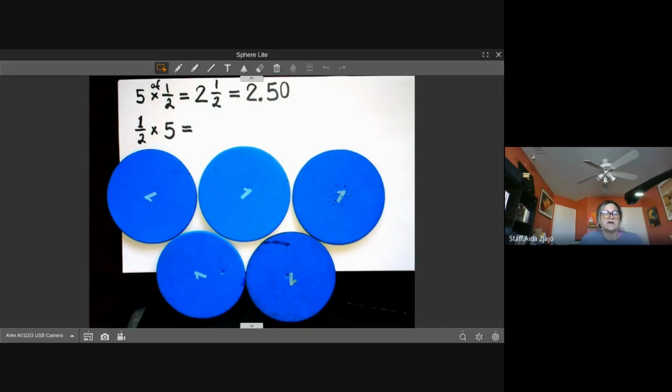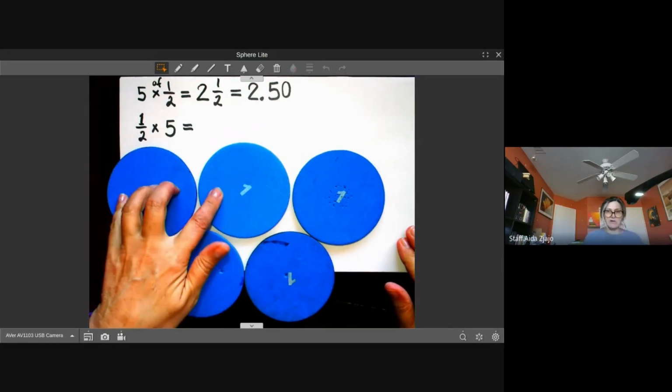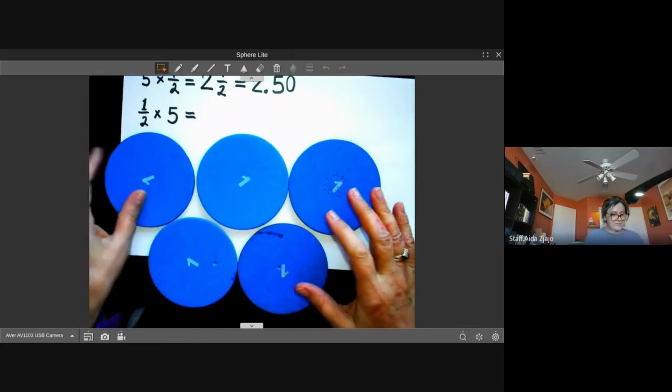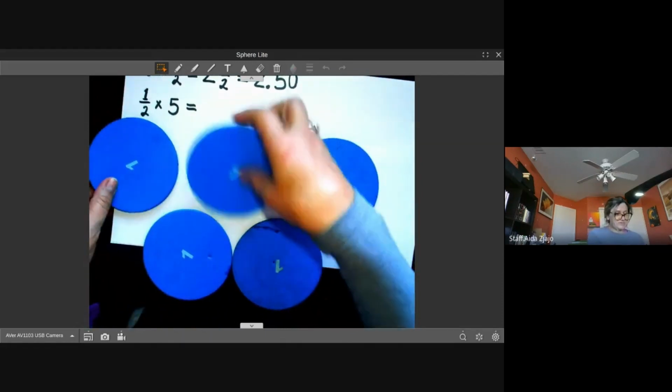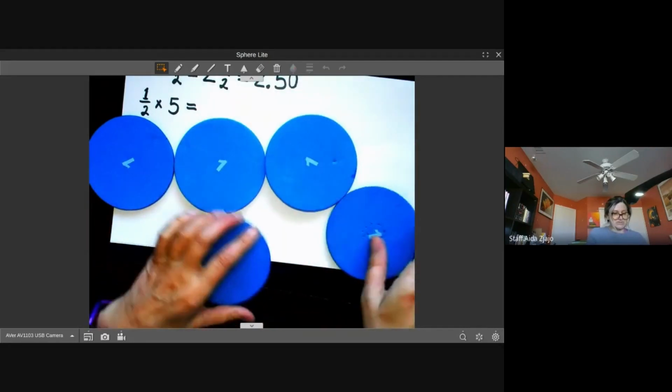What amount of whole chocolates is Robert going to get? So what is half of 5? You can see, 3, 4, 5. So I can give Robert these 2, and I can give Kevin these 2.